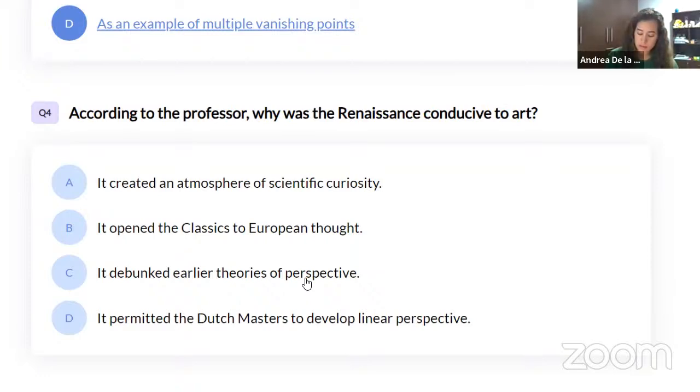I mean, they say that the Renaissance was the time where science was mixed with art, right? So I think it's A, it created an atmosphere of scientific curiosity. They talked about scientific thought, but they didn't talk about the classics or European thought. I think it's opened the classics to scientific thought, not European thought. I don't know. Let's choose B. Let's see what happens at the end.